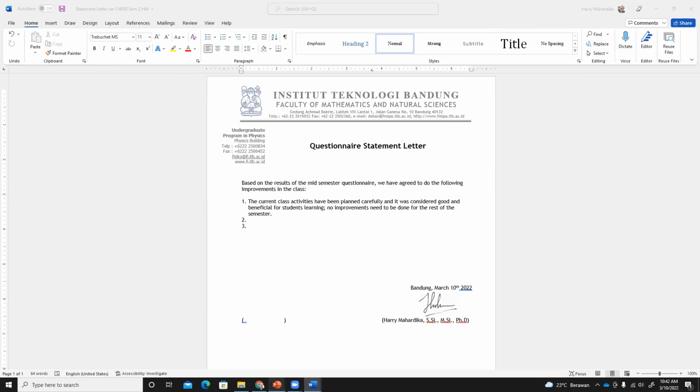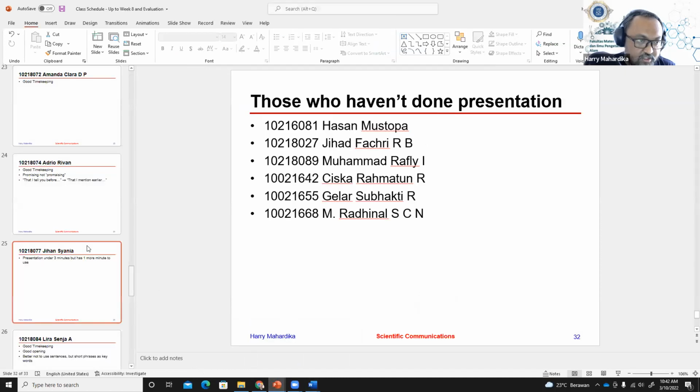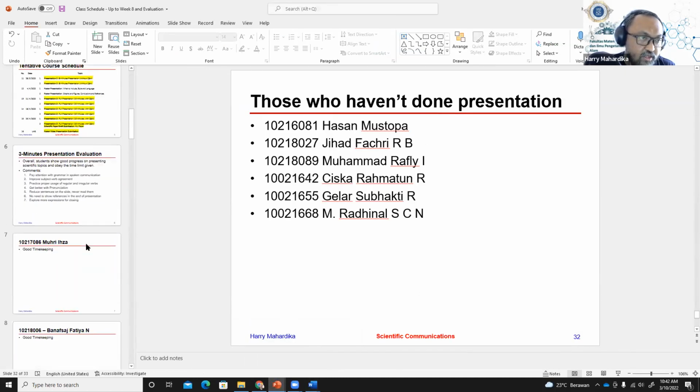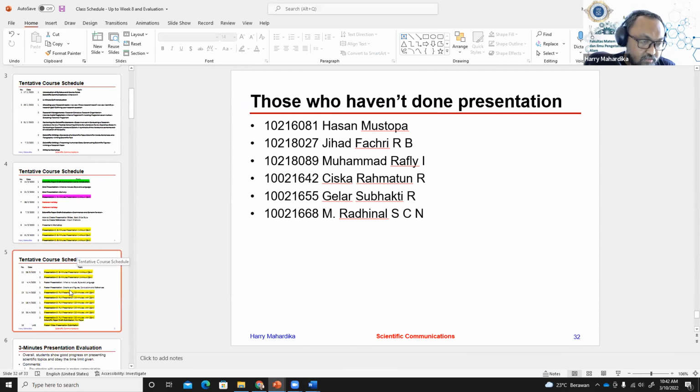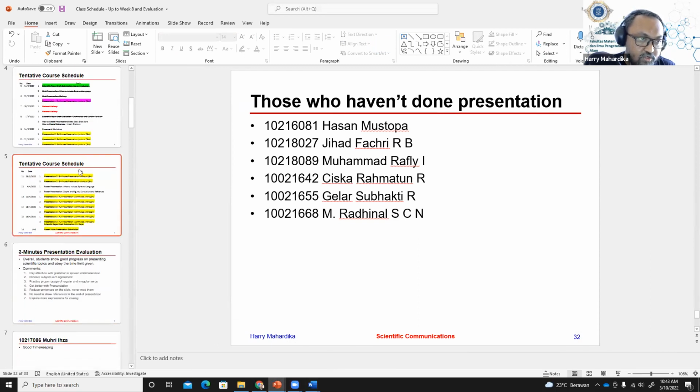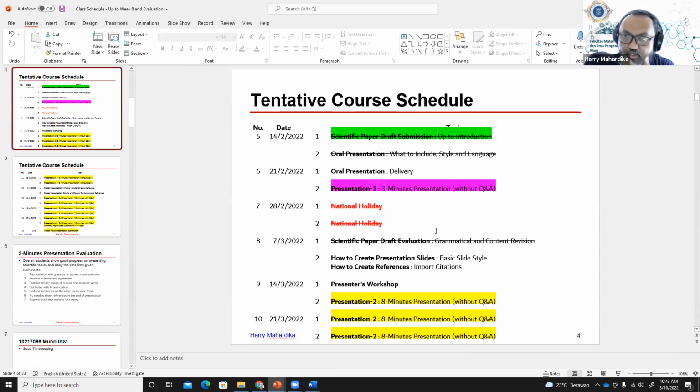Okay, so with this, I think we are done with today's agenda. We haven't talked much about how we import citation, but I think I have talked about how we use Zotero or EndNote whenever we grab a reference from the internet and put it in a database.